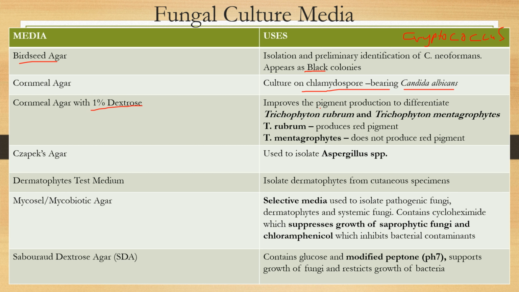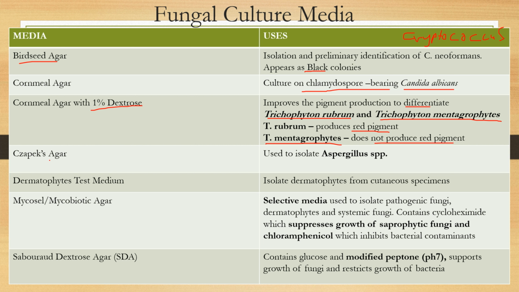This is used to improve pigment production to differentiate Trichophyton rubrum from Trichophyton mentagrophytes. If you grow them in cornmeal agar with 1% dextrose, Trichophyton rubrum would produce the red pigment, while mentagrophytes does not produce red pigment.